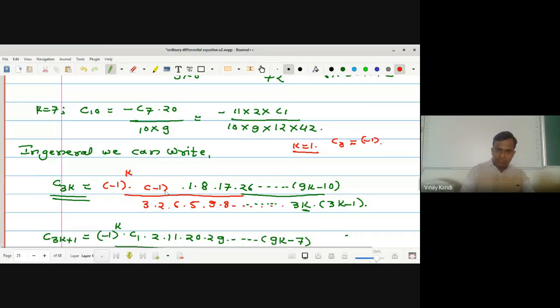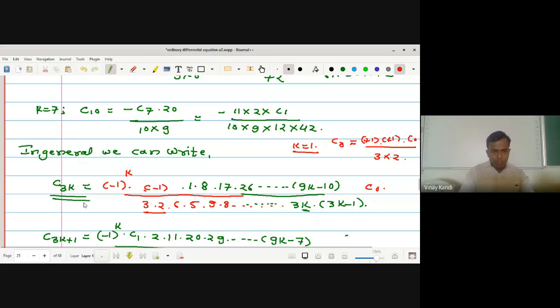When we take the first term and put k is equal to 1, only minus 1 comes, into minus 1, this is into C naught upon, and only two terms come below, 3 into 2. So the value of C3 is C naught upon 3 into 2; this minus minus gives plus.